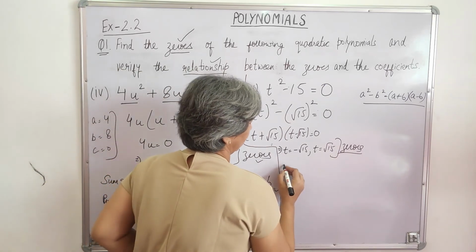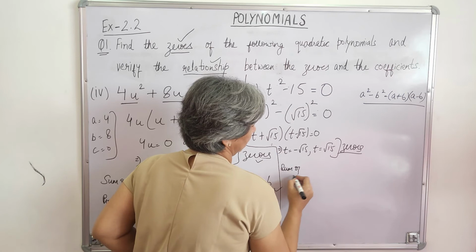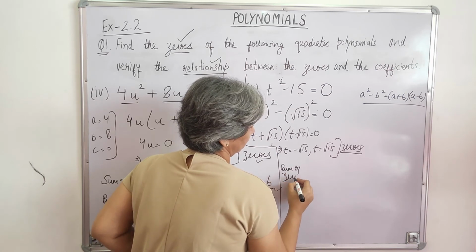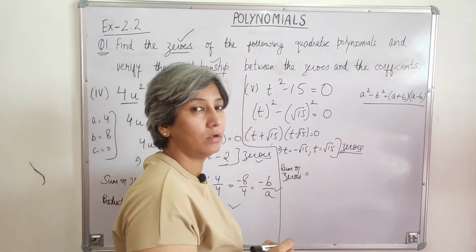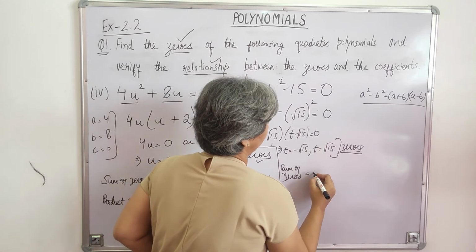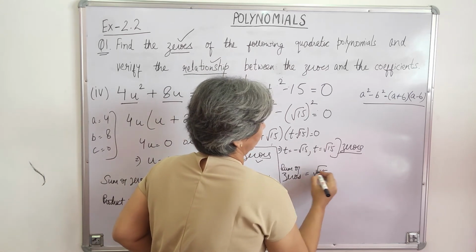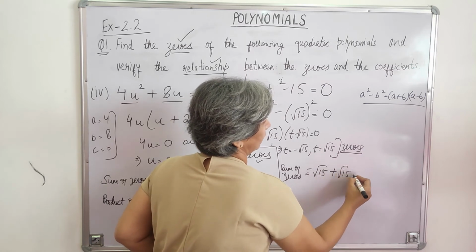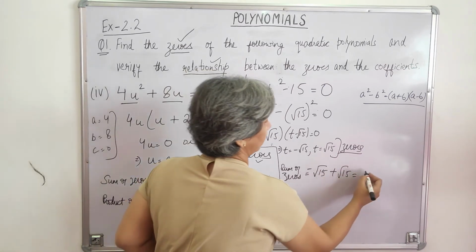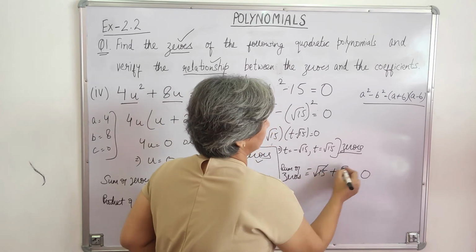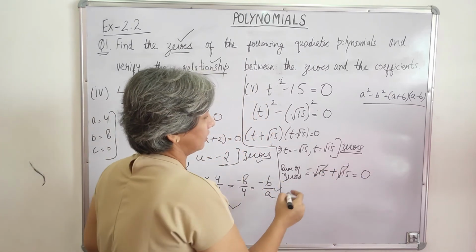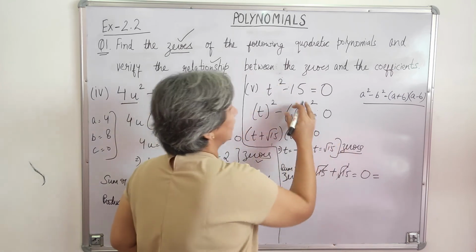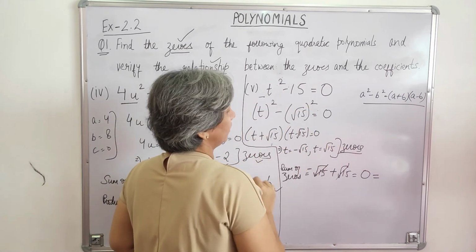Now let's find out the relationship. Let's start with sum of zeros. Sum of zeros are root 15 minus root 15 plus root 15, which is 0. It gets cancelled, right? And if I see my b, my a is 1.